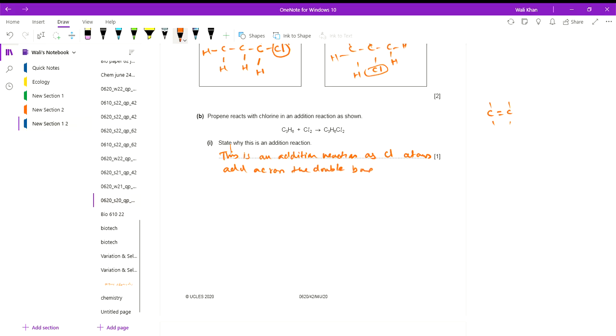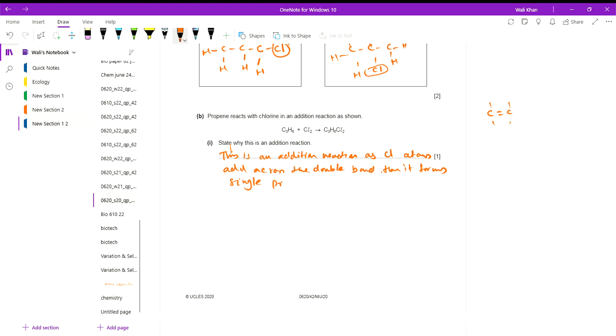Double bond पे add, so it is an addition reaction, ठीक है. And forms, जब वो डबल बॉन्ड पे ऐड हो जाएगा, then it forms a single product.